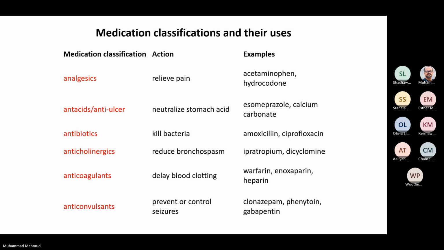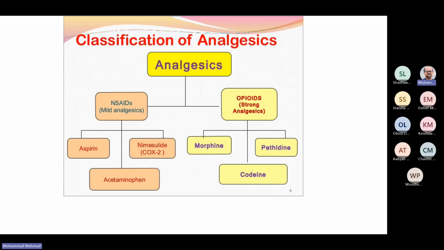Analgesics relieve pain. So think about the word analgesics. An means absence. Algo means pain. So any medication that removes pain, pain reliever.